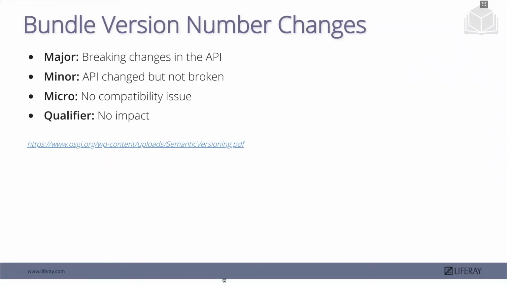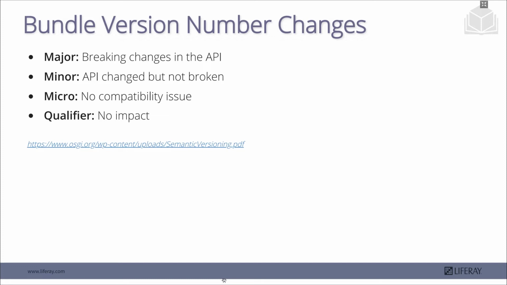Typically this isn't going to be a breaking change, so there's still some backwards compatibility, but be cautious that the API probably did change along the way. So check the documentation to see what those changes may be and how they may or may not affect you. And then finally, the major: this is the breaking change in the API. Once we hit that major change, backwards compatibility is probably out the window. It's not going to happen.